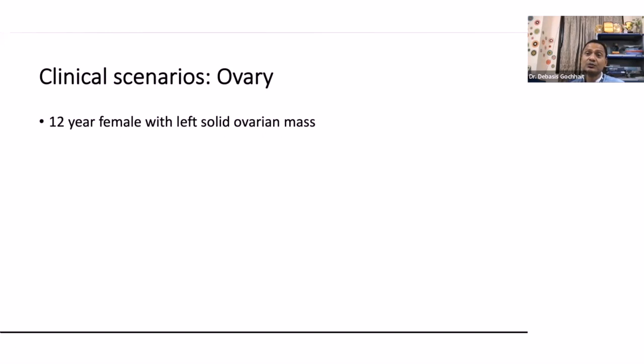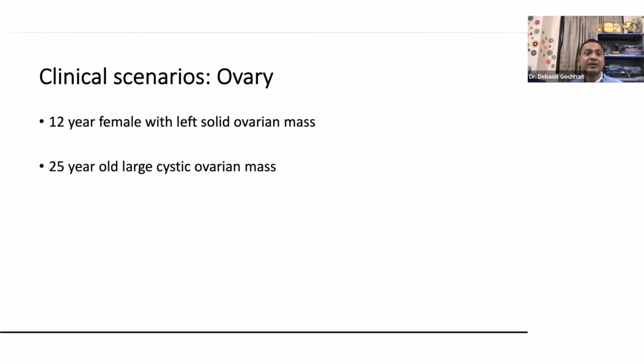So which ovarian tumors are common in pediatric patients? They are germ cell tumors, and on most occasions they are solid. But teratomas can be cystic, right? But whenever we are given a history of a 12-year-old female with a solid or cystic ovarian mass, you have to think of teratoma, or you will have to think of germ cell tumors.